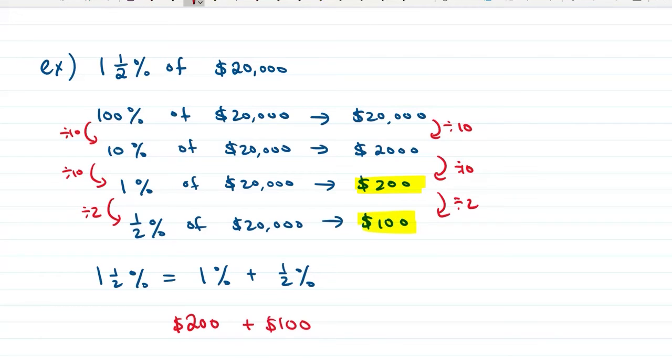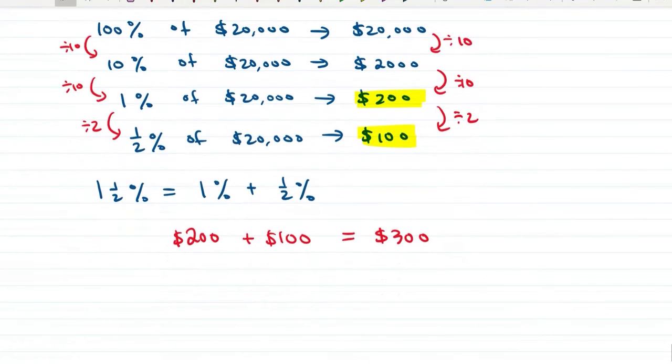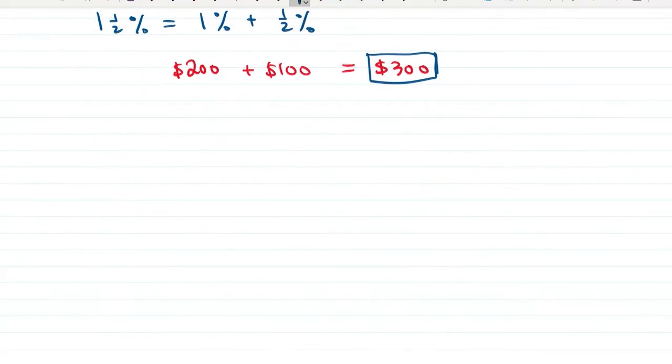So if you add those two values, it will be $300 total. That is the answer for 1.5% of $20,000. So we got the answer without using a calculator. Okay. In the next 3 examples, we're going to use a calculator this time.